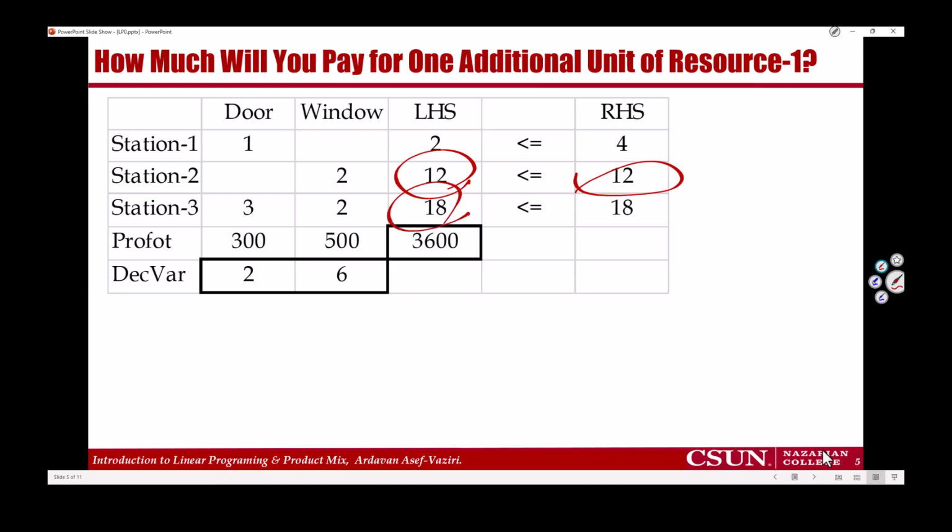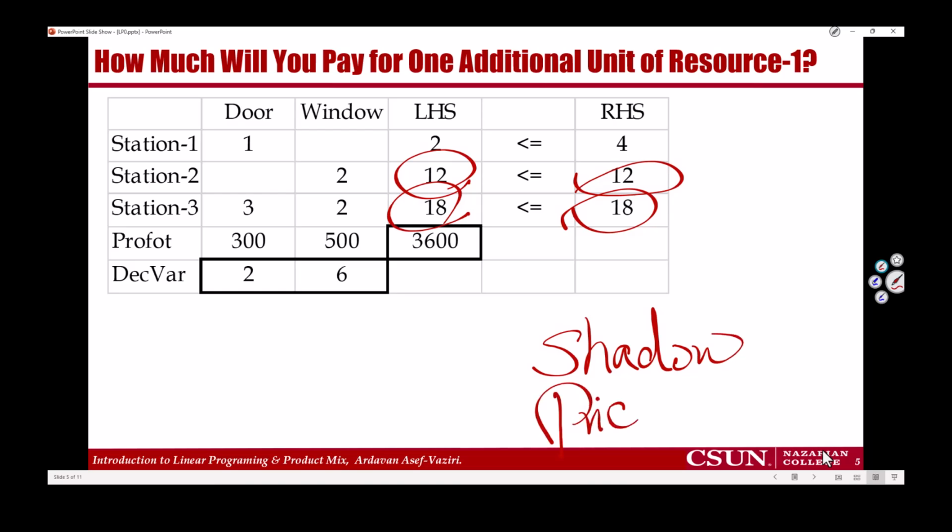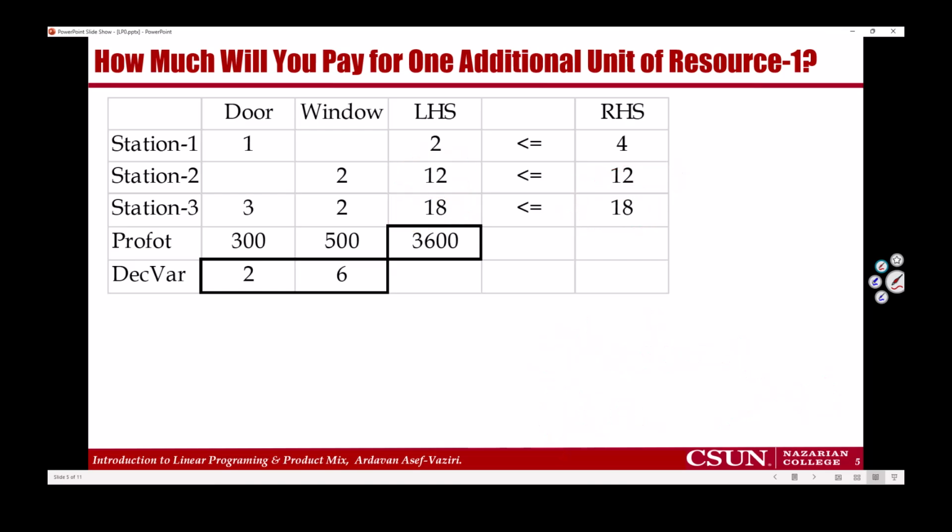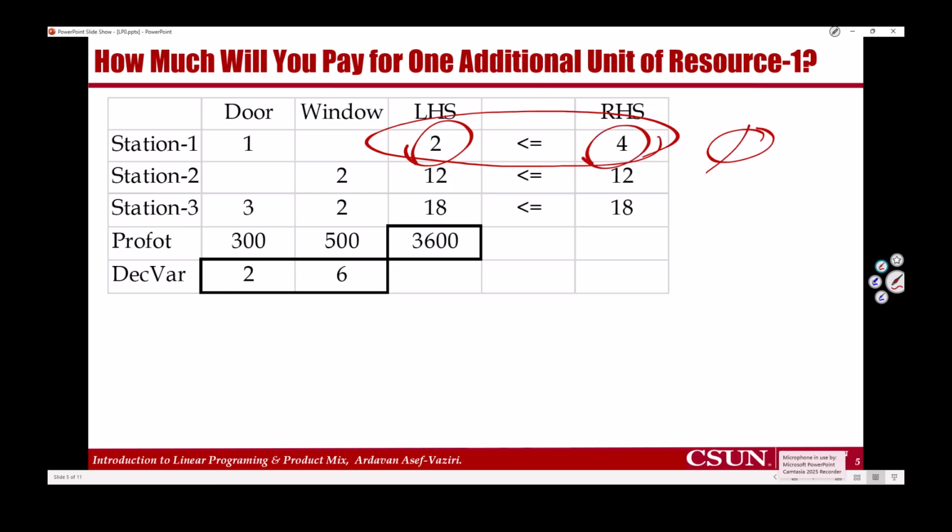For all resources where their left-hand side and right-hand side are equal, shadow price or opportunity cost is greater than 0. Shadow price for this one was 0 because left-hand side was not equal to right-hand side.